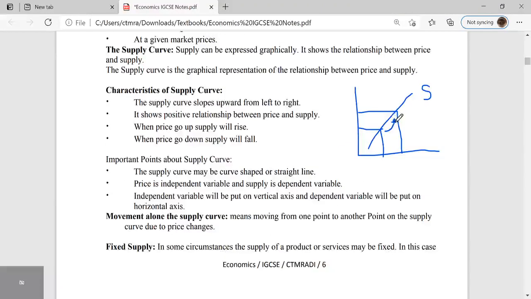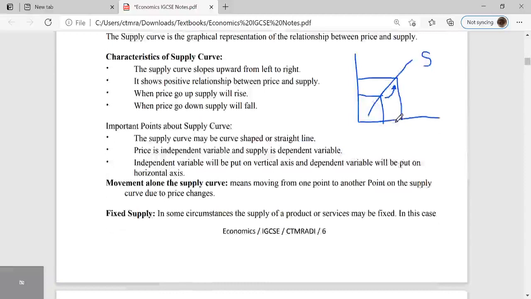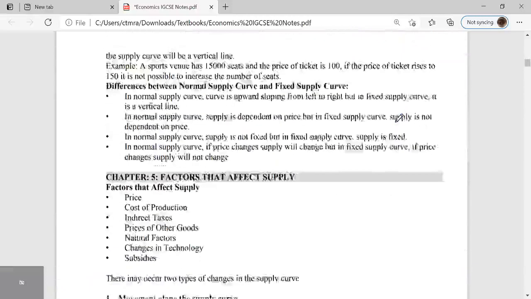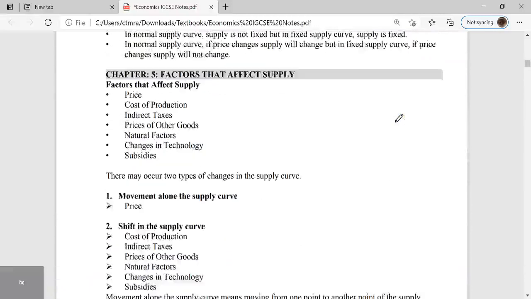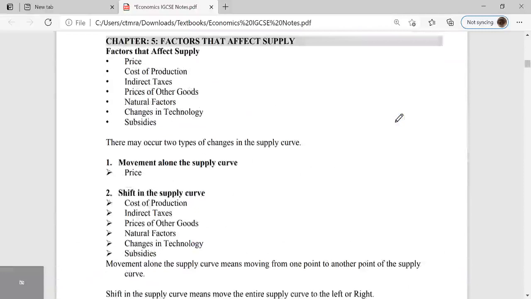And next we have shift of the supply curve. A change in price will lead to movement on the curve, and when a non-price factor changes, it leads to a shift of the supply curve. The shift can be right or left.